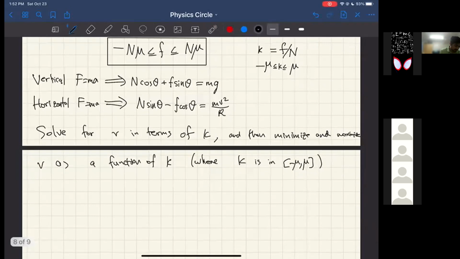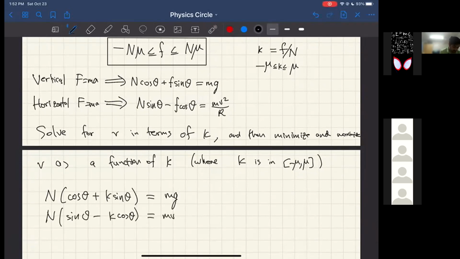So what do we have? We have n times cos theta plus k sine theta equals mg, and n times sine theta minus k cos theta equals mv squared over r.